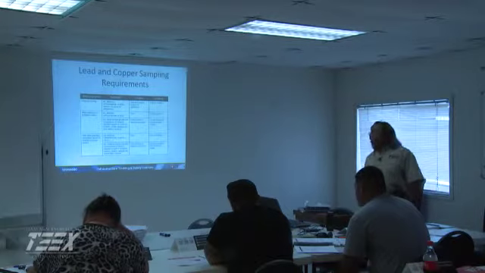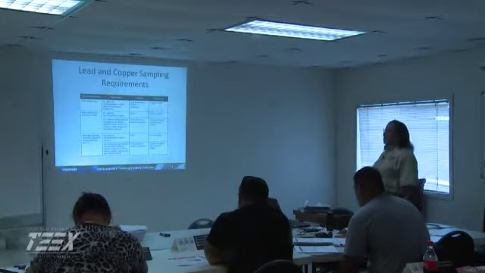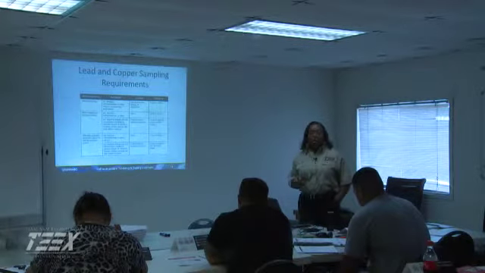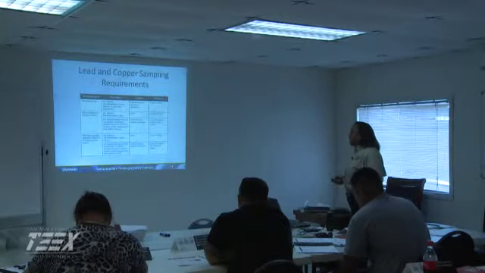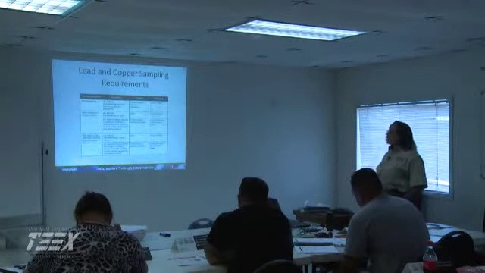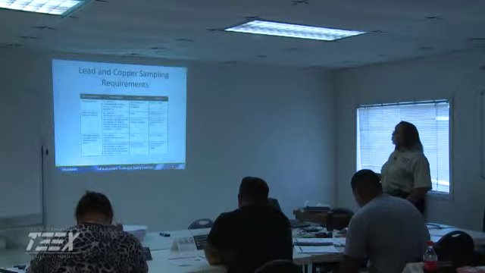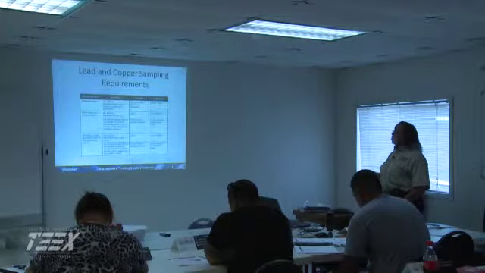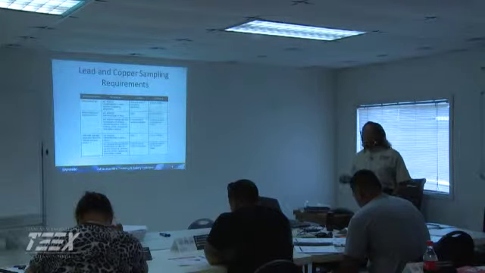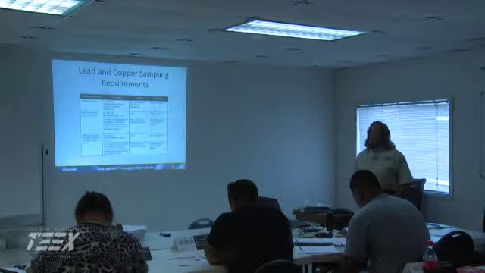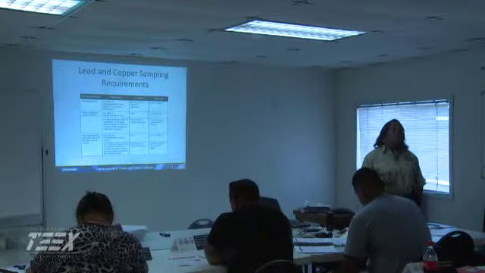After we've run lead and copper and we have a hit, and they tell us that we have to install some type of corrosion control, then we're doing those same water quality parameters at the tap and entry into the distribution system. At the tap, we're doing it every 6 months. Into the distribution system, we're doing it every 2 weeks.